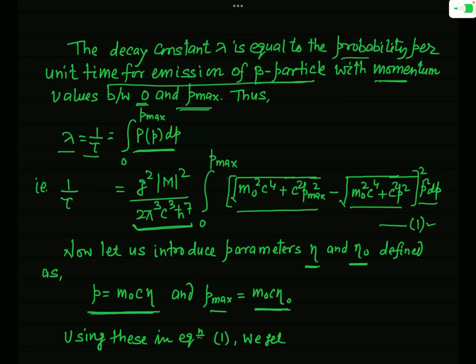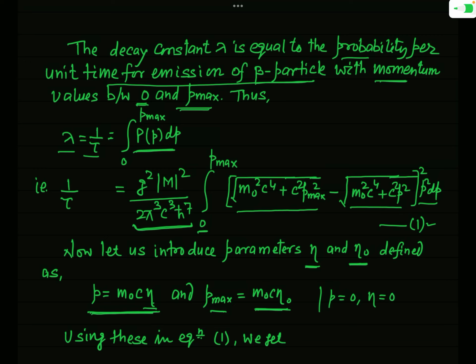So these two are constants. When we change the parameter p in terms of eta, then what will the limits be? When p is equal to 0 for the lower limit, eta will also be equal to 0.